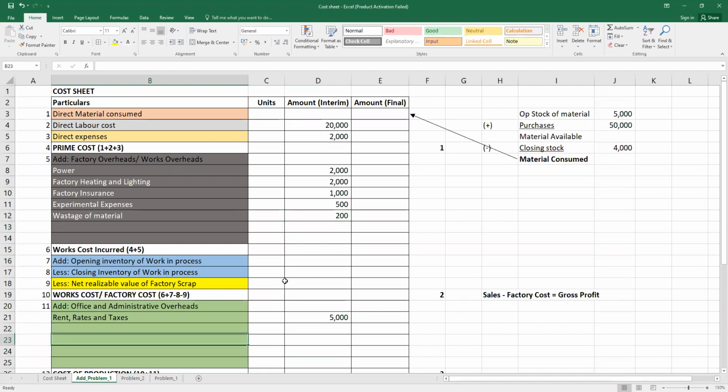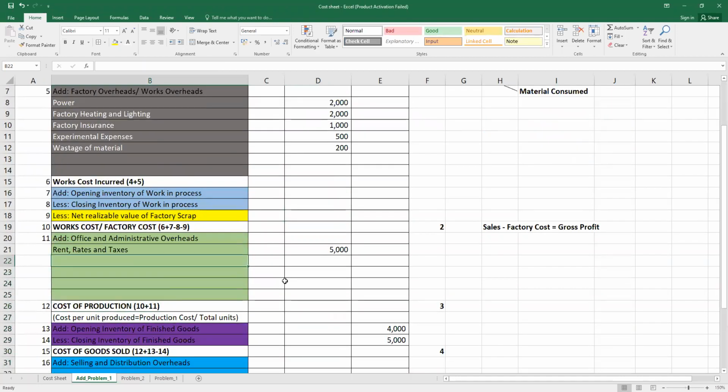ऑफिस में लिख दीजिएगा ऑफिस मैनेजमेंट सैलरी 4,000. Then office printing and stationery 200.